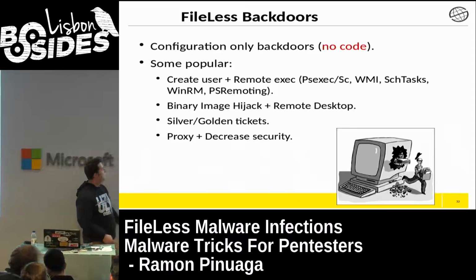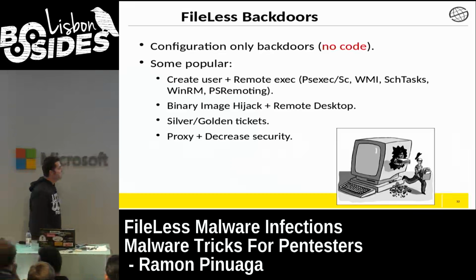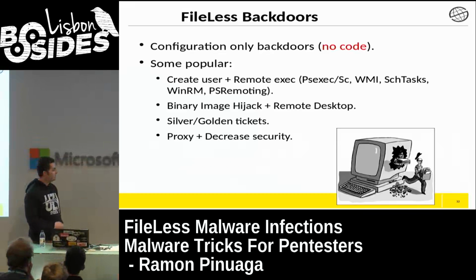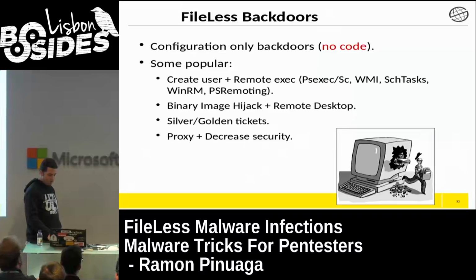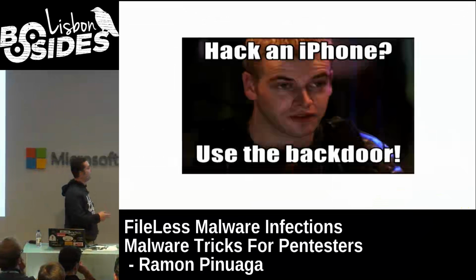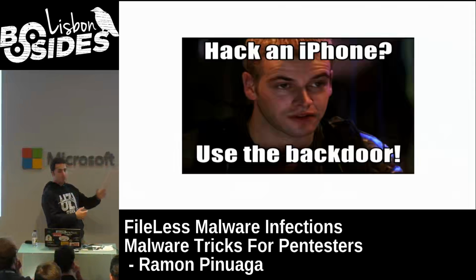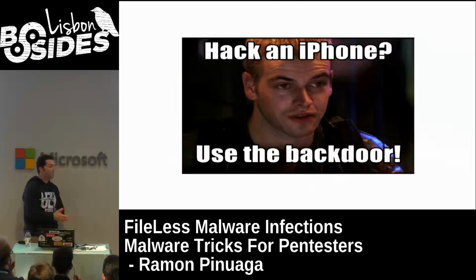A technique that I like, because it's also very simple and very powerful, is to configure a proxy on the system and weaken the security of the system. For example, this technique is even possible on an iPhone.